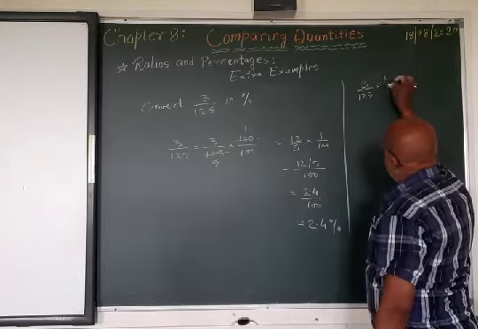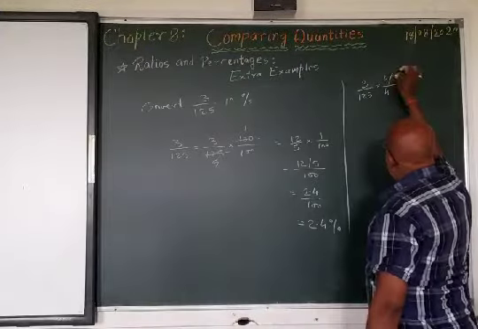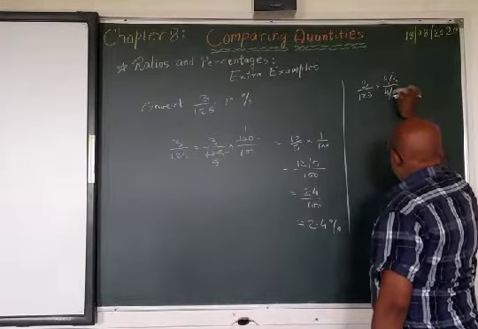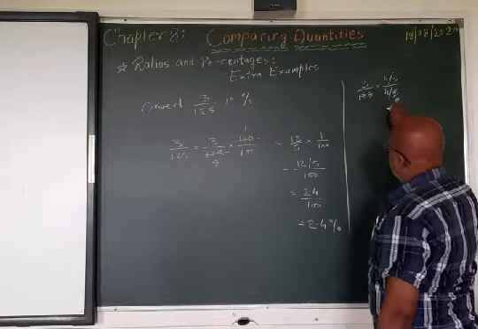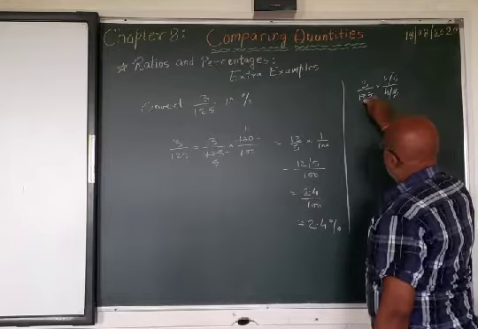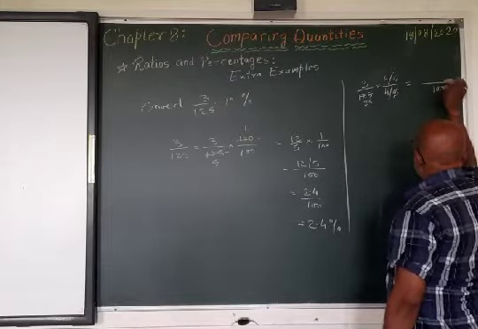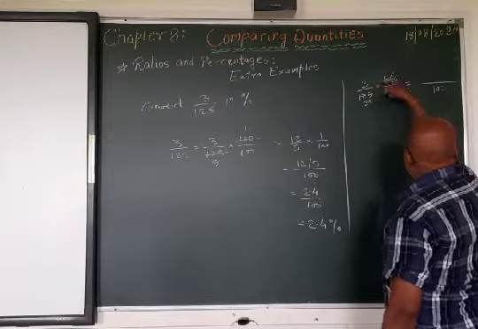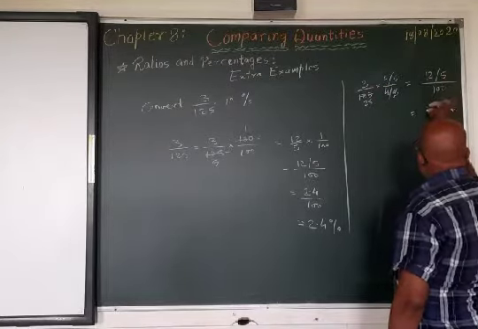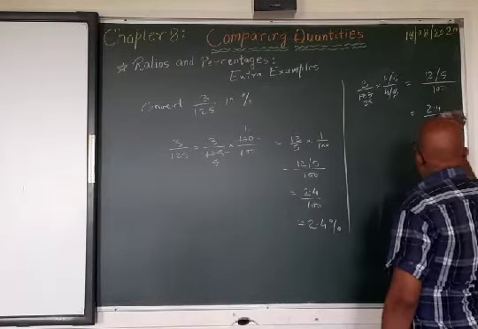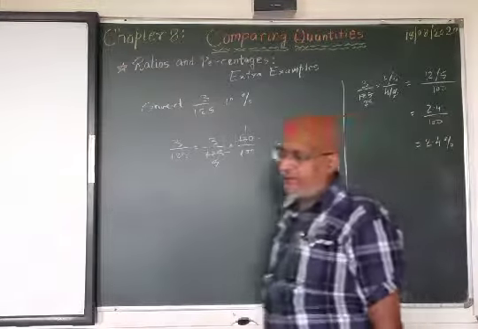You get 25 fours are 100, so the denominator becomes 100, and the numerator 3 fours are 12 upon 5. Dividing this, you get 2.4 upon 100 equal to 2.4%. This is the shortcut method.